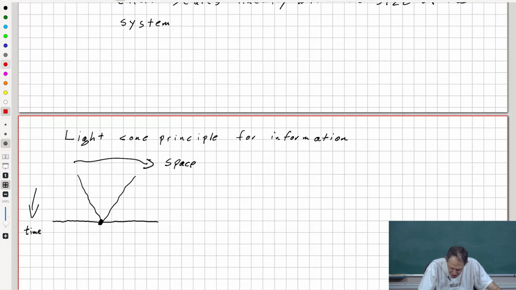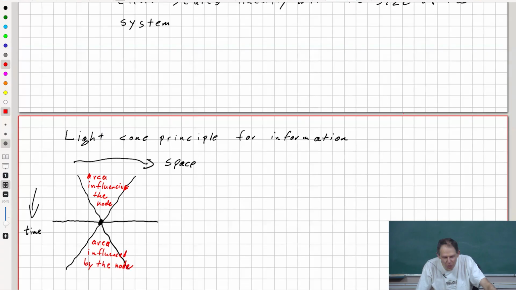So you could say this here is the area influencing the node. And on the other side, you have the other part of the light cone, and you have the area influenced by the node.